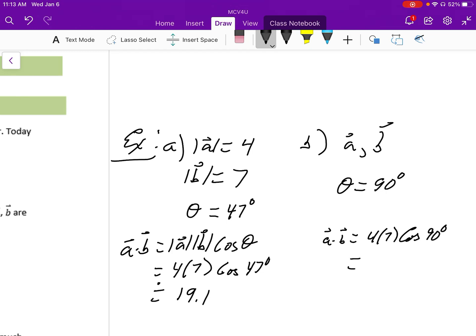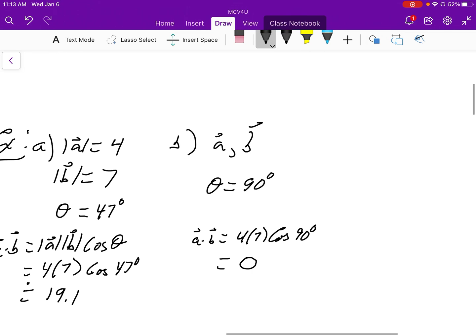We all should know by this time the cos of 90 degrees is 0, so that means the dot product is 0. One thing to keep clear in our heads right here: perpendicular vectors give us a dot product of 0. If we have a dot product of 0, the vectors are perpendicular.